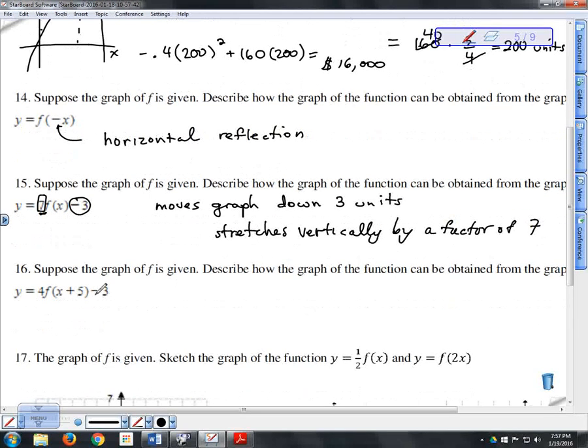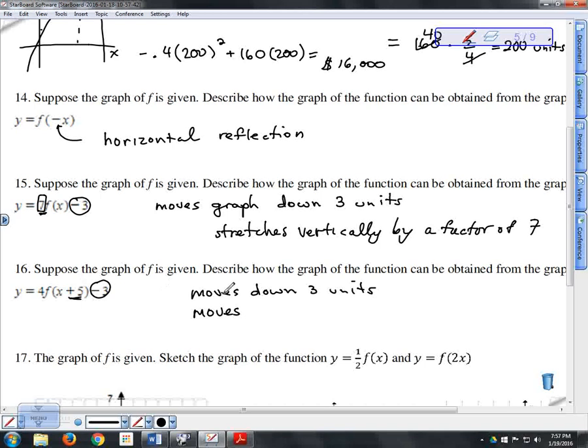So we have the same transformation here. Moves down 3 units. Then we have this transformation, moves left. Remember, if it's adding or subtracting inside the function, it moves left to right, and inside the function is opposite.